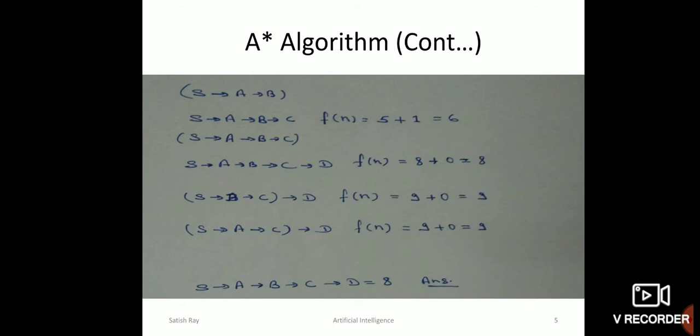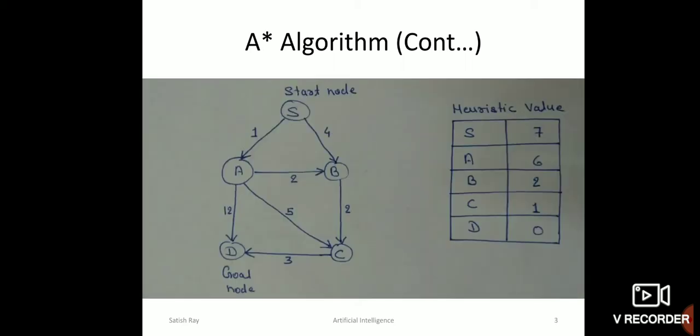Then we have S to B to C as the minimum and unexplored path. Now we will move towards D using this path. So S to B it is 4, B to C it is 2, and C to D it is 3.